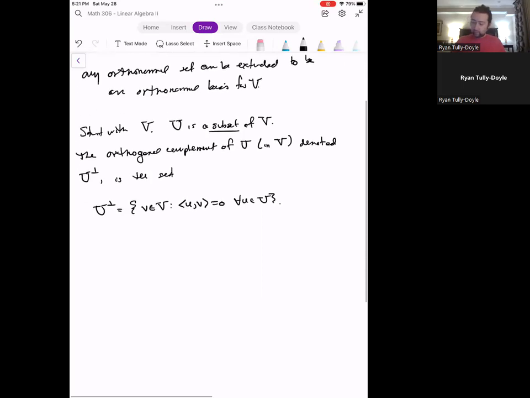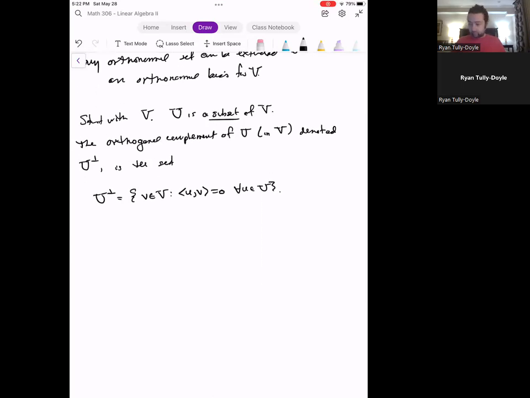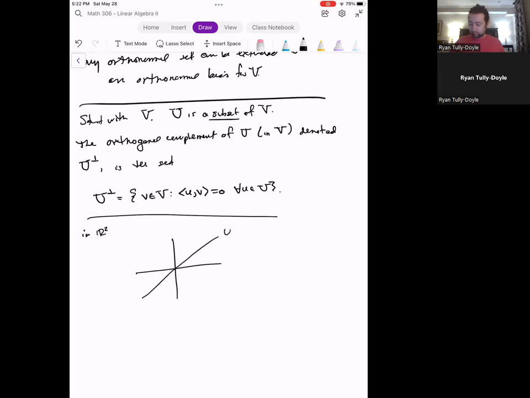So this is pretty easy to imagine in certain contexts. In R2, for example, if you gave me a line and called that U, and you asked for the orthogonal complement of U, it would be every vector that's perpendicular to every vector in U, which would be this line.